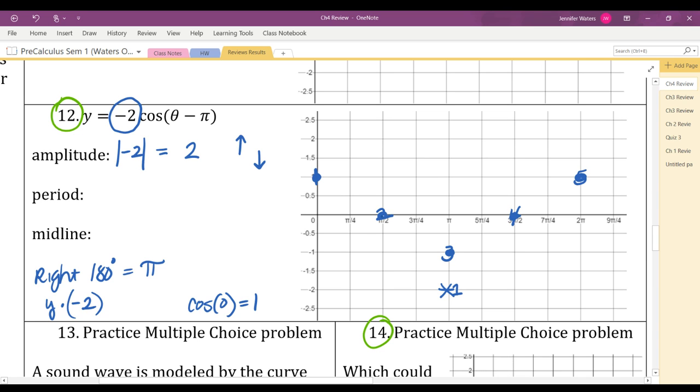Let's go to my second point on my original cosine graph. If I move it over a full pi, boom, I'm going to end up on number 4. 0 times anything is 0. This is going to be my second. Let's start at number 3. Pi plus pi is 2 pi. -1 times -2.